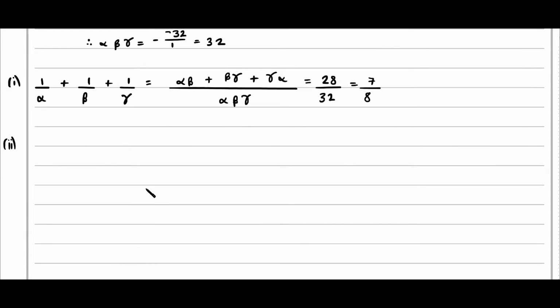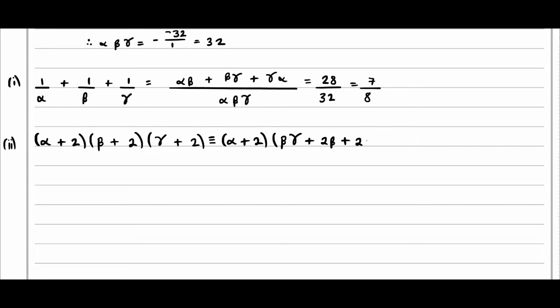So we have alpha plus 2 lots of beta plus 2 lots of gamma plus 2, and this is the same as alpha plus 2 lots of beta times gamma, then beta times 2, then 2 times gamma, then 2 times 2.